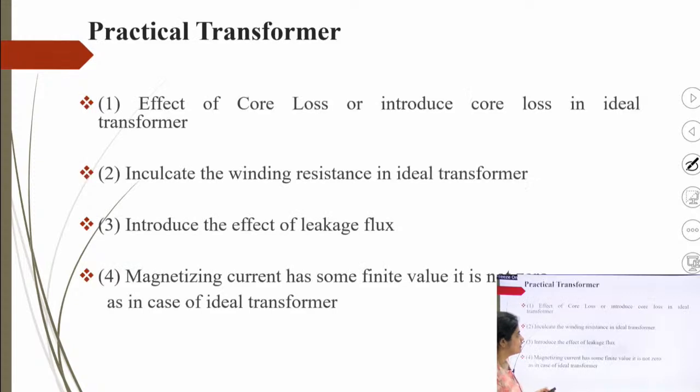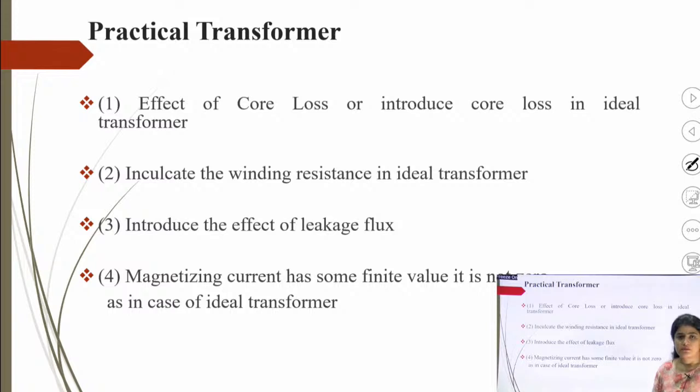Now we will start with the practical transformer. In the ideal transformer we have made many assumptions: we have neglected the winding resistance, the leakage flux, the magnetizing current, and also the core loss.